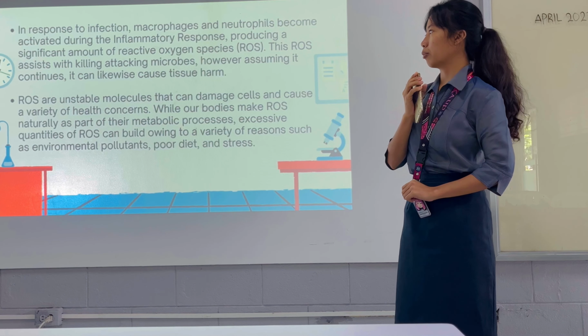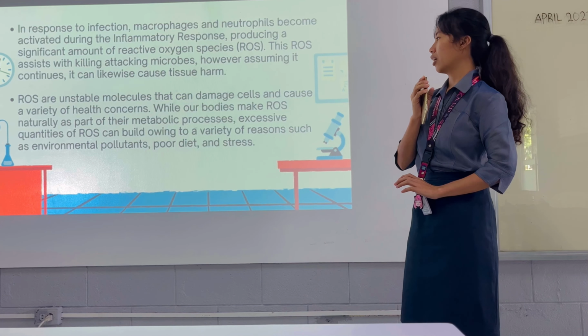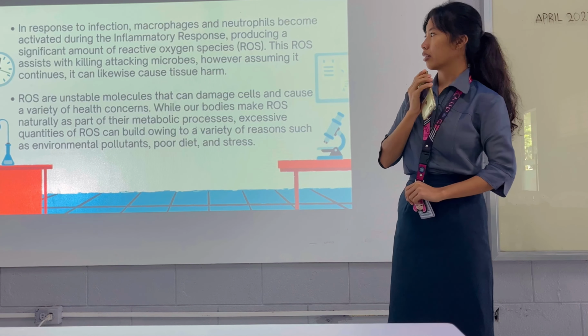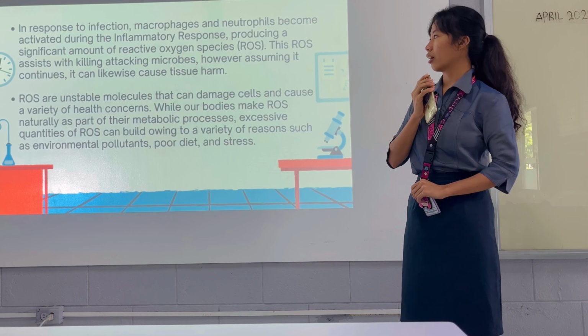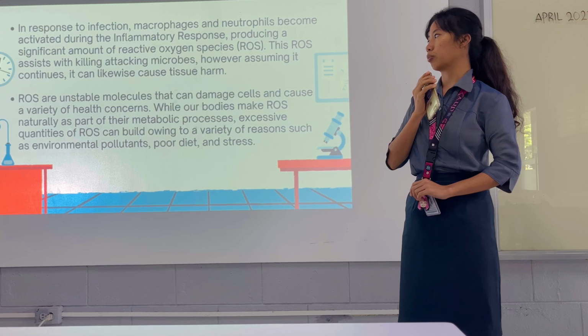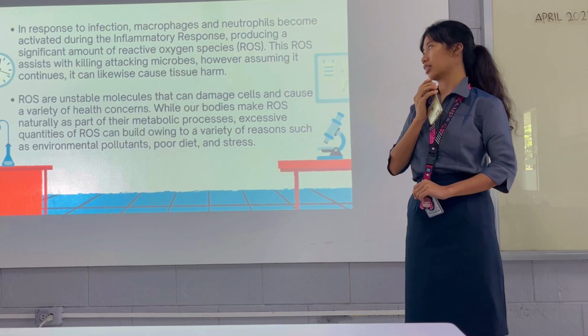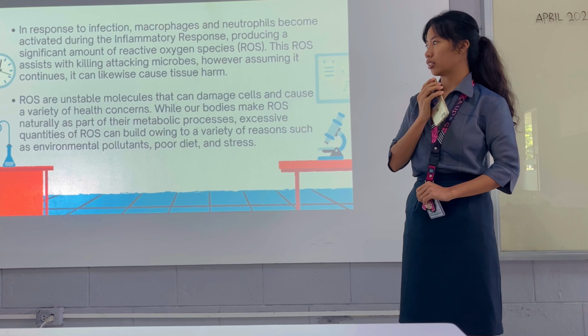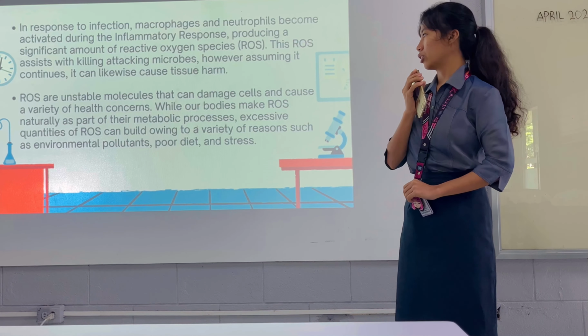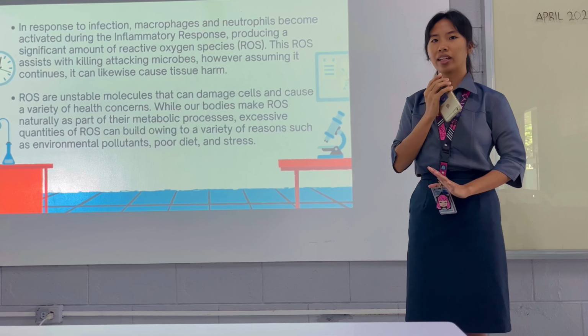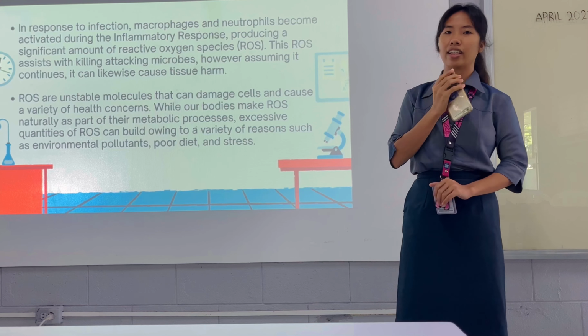ROS are unstable molecules that can damage cells and cause a variety of health concerns. While our bodies make ROS naturally as part of their metabolic processes, excessive quantities of ROS can build up owing to a variety of reasons such as environmental pollutants, poor diet, and stress.